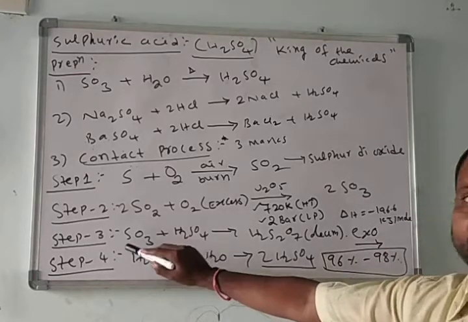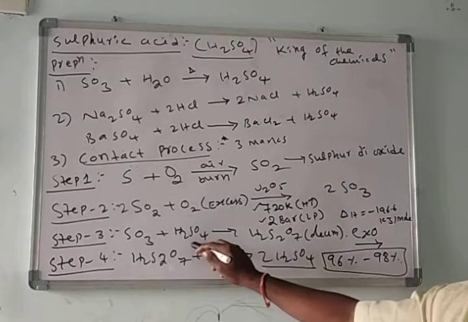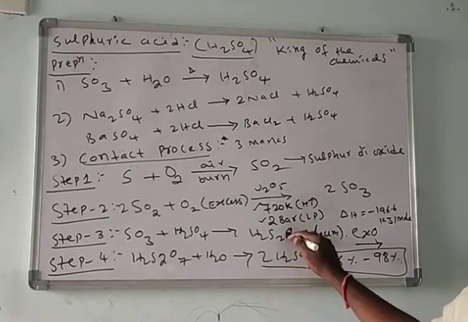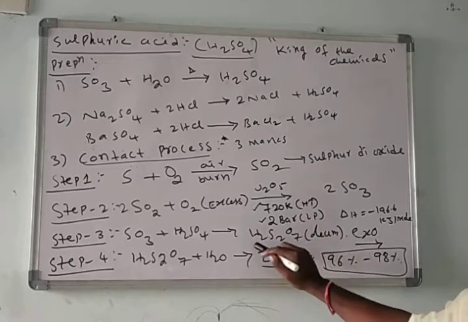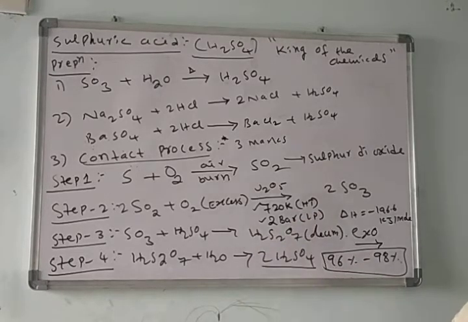Okay, what is the third step? The sulfur trioxide is dissolved in sulfuric acid and forms oleum. What is the formula of oleum? H2S2O7, it is the formula of oleum.